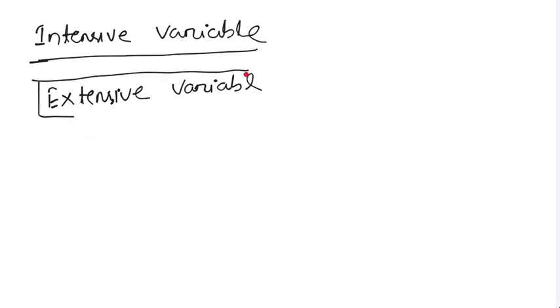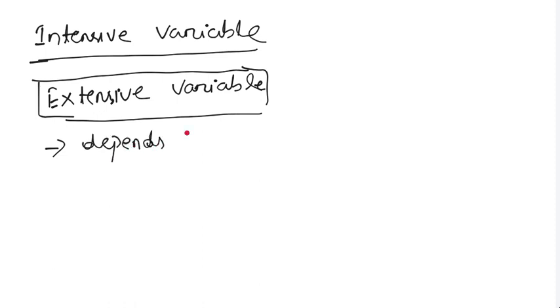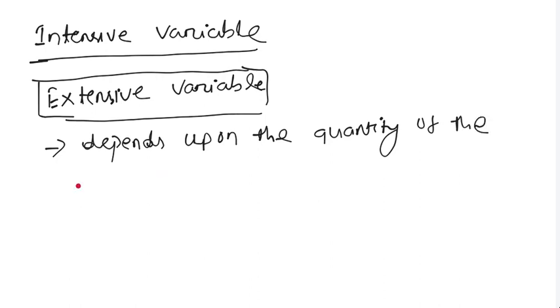So an extensive variable depends upon the quantity of material in the system.